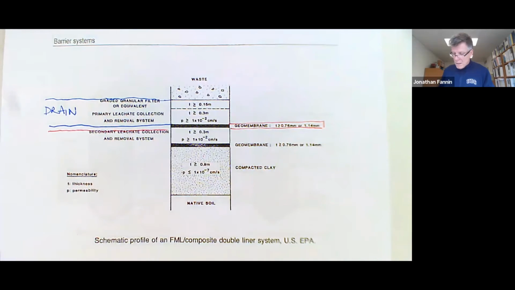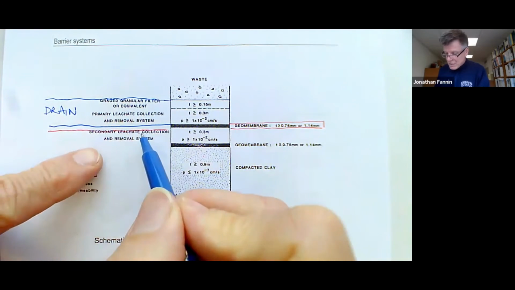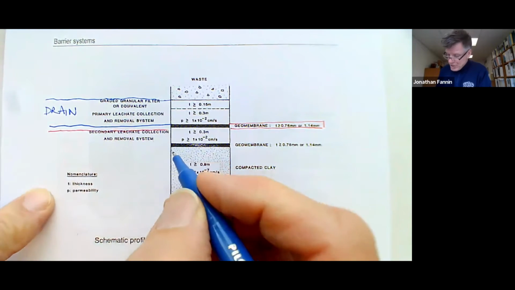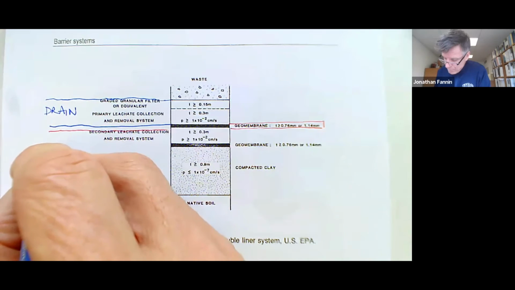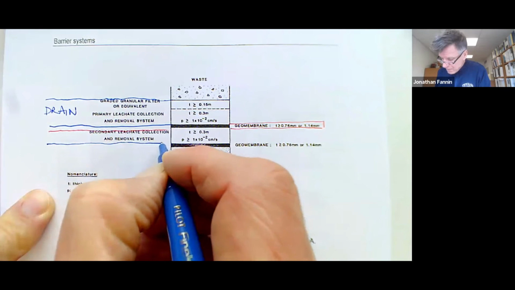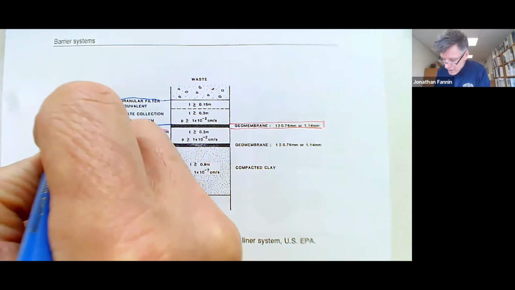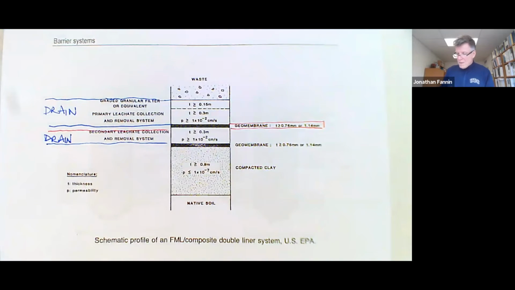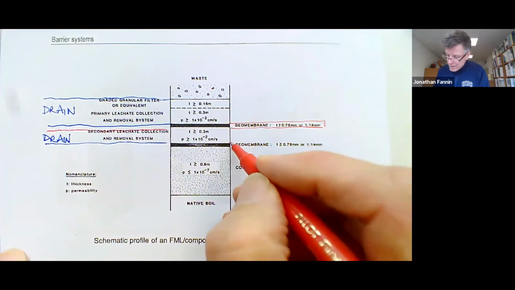And then a leak detection system, or the term used here, a secondary leachate collection and removal system, but we appreciate what its main function is. There's the drain. And then beneath that, another barrier.